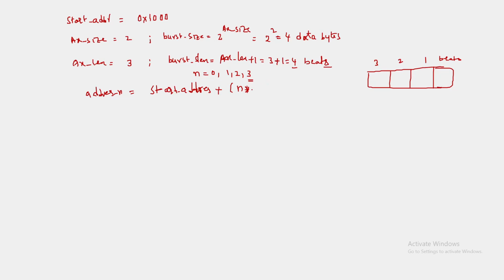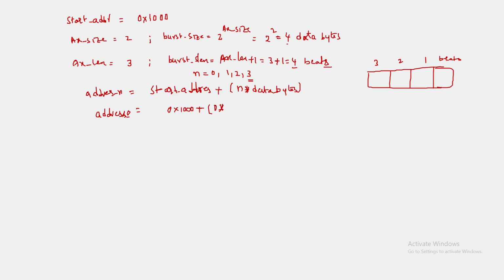So n into data bytes is the formula. Then what is the start address value? 0x1000. So 1000 is the start address, and n is 0. That means I am calculating address 0. So 0x1000 plus 0 into data bytes.